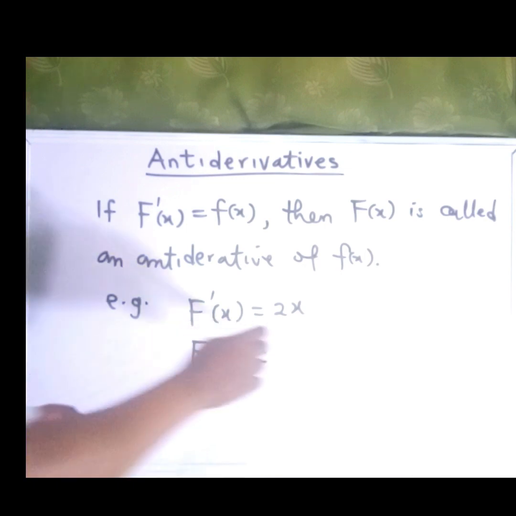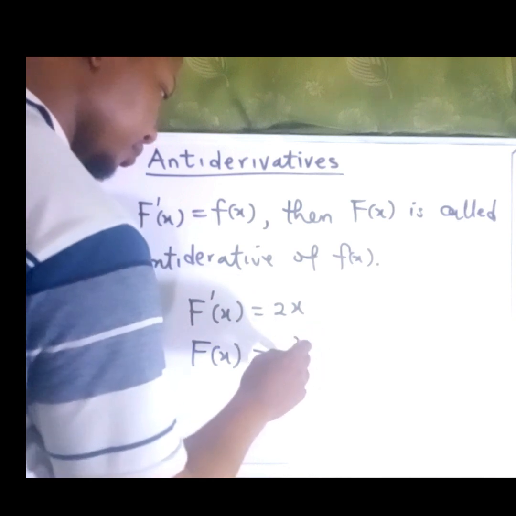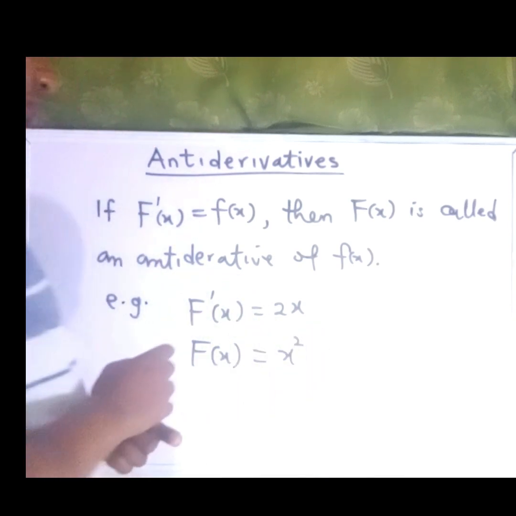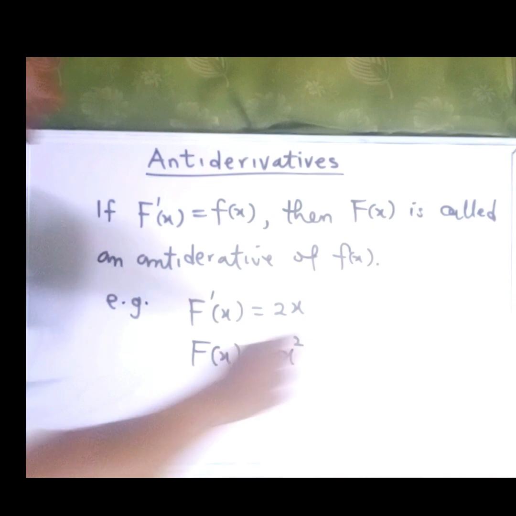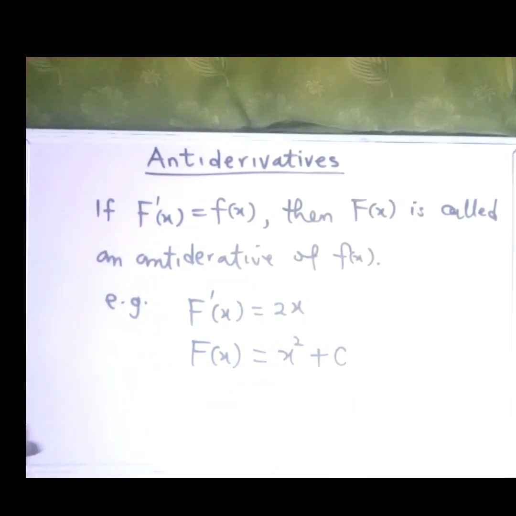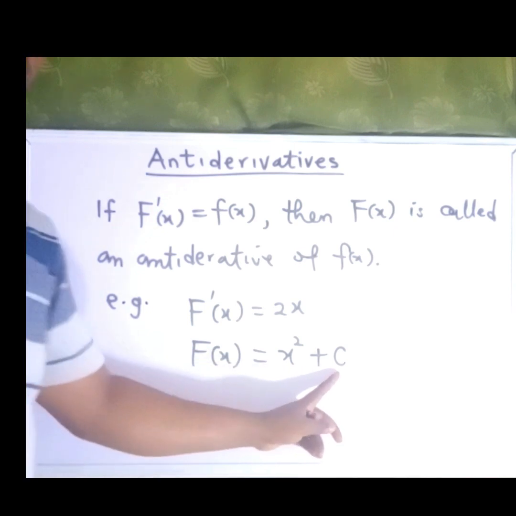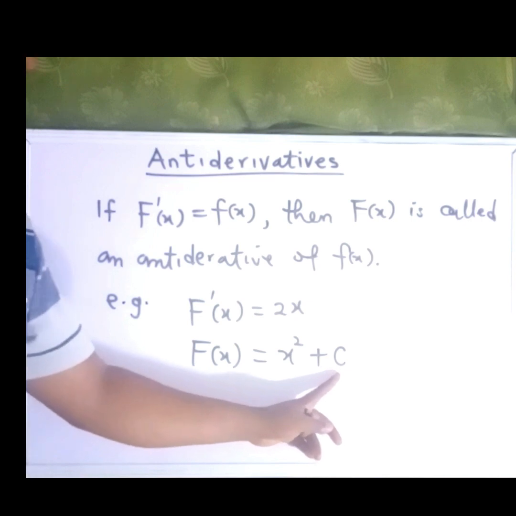And of course, this will give us x squared. Then we add a certain constant to this, we'll say c, where c is an arbitrary constant.